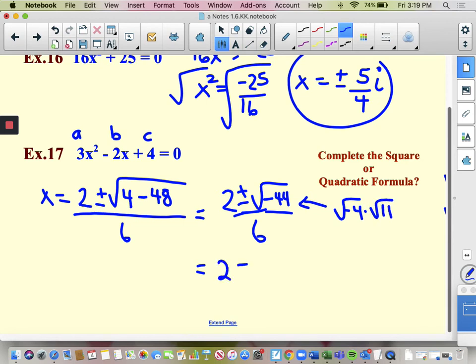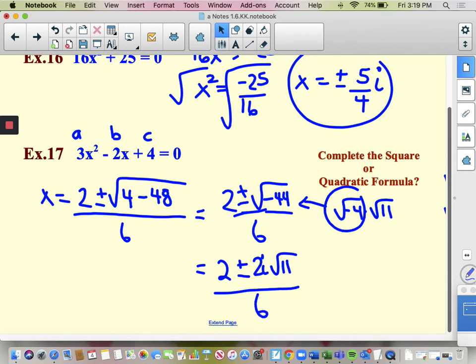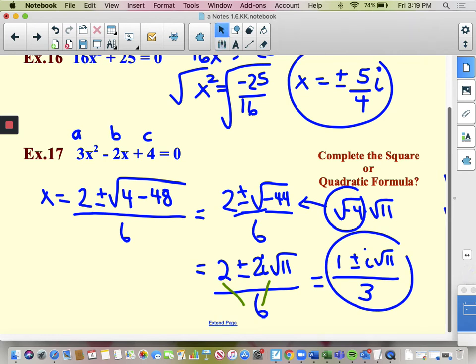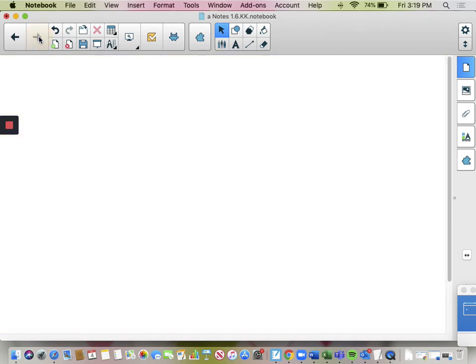So this is going to be 2 plus or minus, square root of 4 is 2i, square root of 11, all over 6. And then don't forget, when you have a quadratic, you're dividing both of these by 6. So it's really 1 plus or minus i square root of 11 over 3. Two sixths is one third, right? So this is stuff you know, and again, you could complete the square if you prefer. I just went through the quadratic formula more.